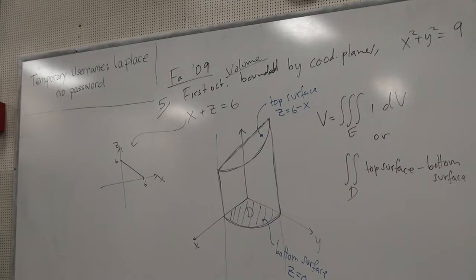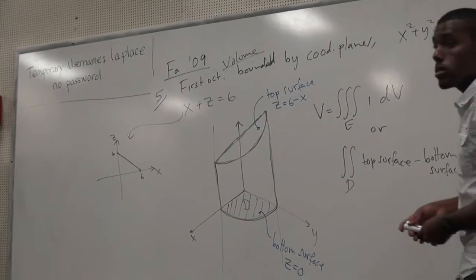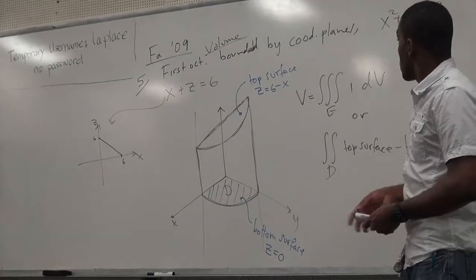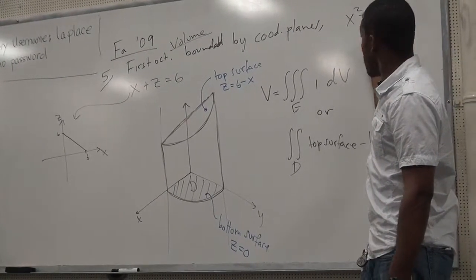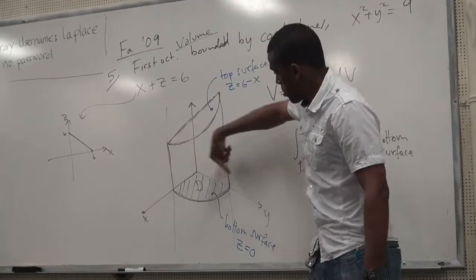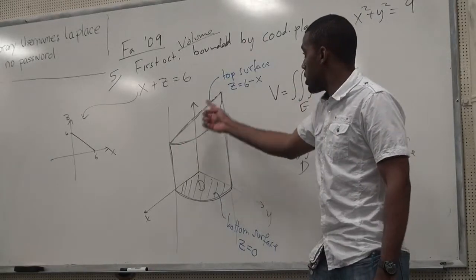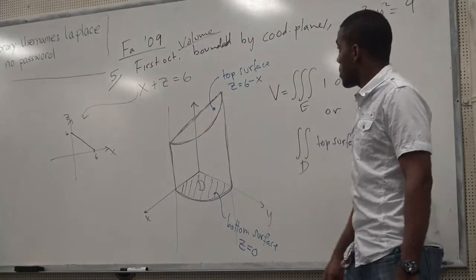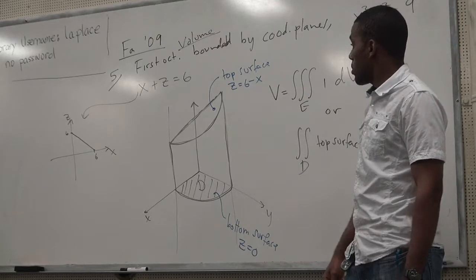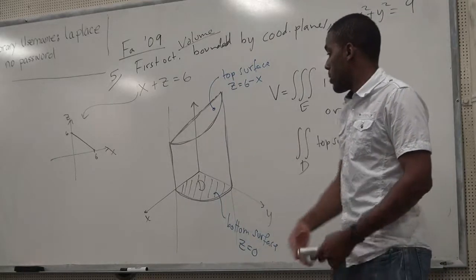The cylinder x squared plus y squared equals 9 is the circular part, and then this is the slanting plane.